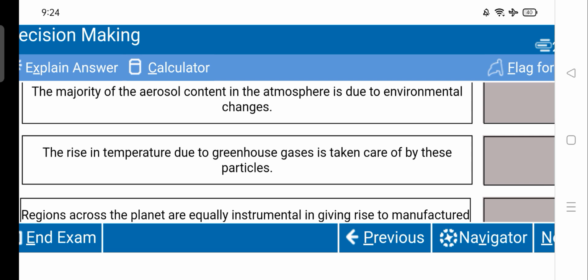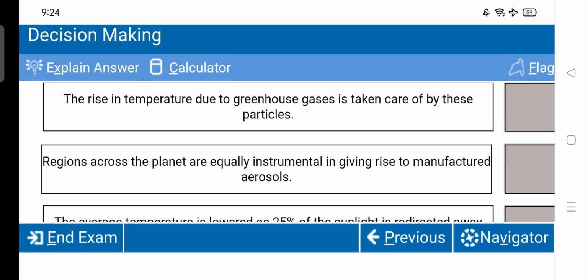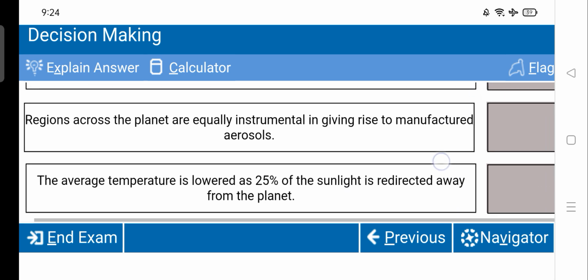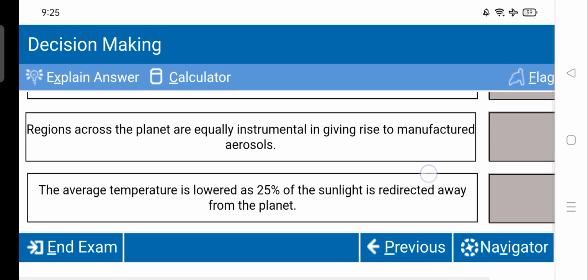The rise in temperature due to greenhouse gases is taken care of by these particles. Regions across the planet are equally instrumental in giving rise to manufactured aerosols. The average temperature is lowered as 25% of the sunlight is redirected away from the planet.